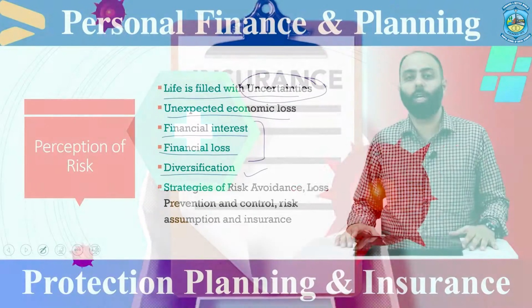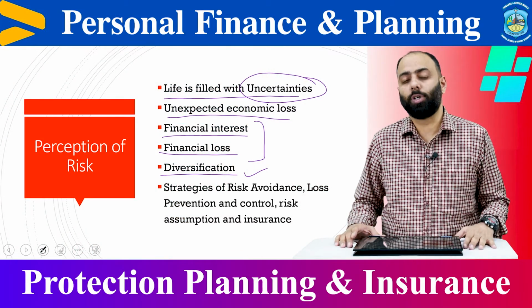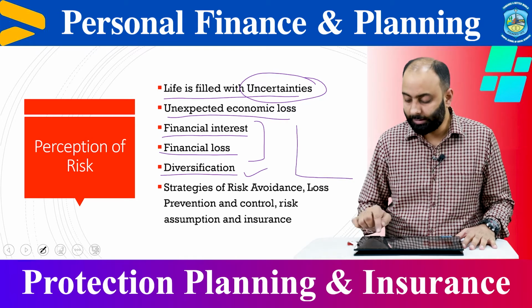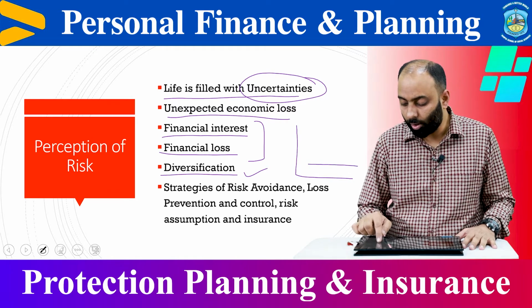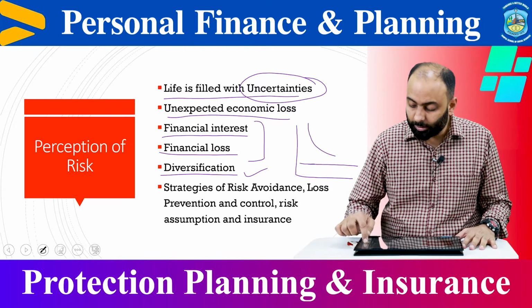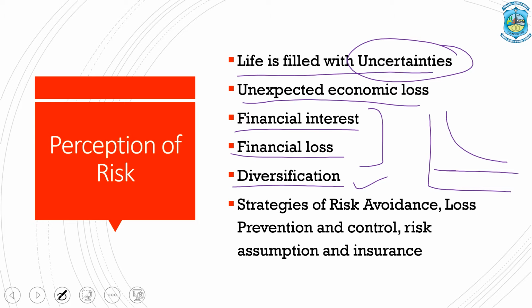So when we are talking about risk, risks are of two types. The first one can be understood as the systematic risk, which is common to all, which cannot be avoided, and there is unsystematic risk, which is not at all common to each and every person, each and every individual. It varies from business to business, industry to industry.